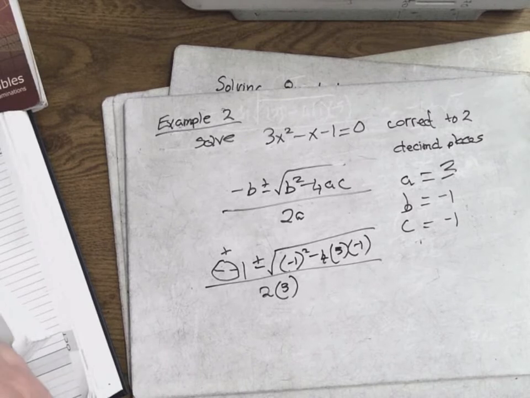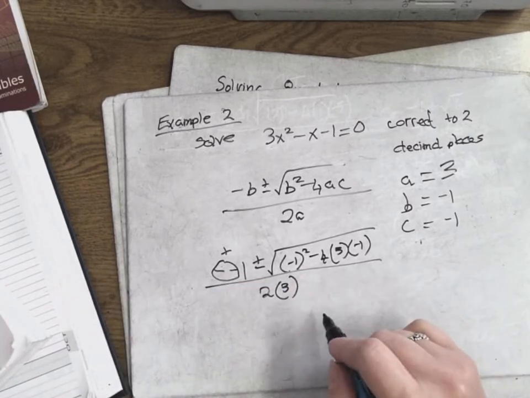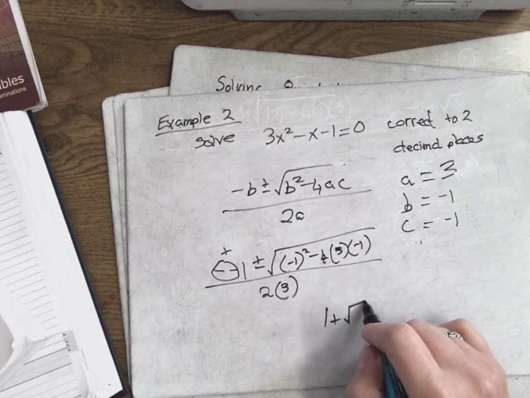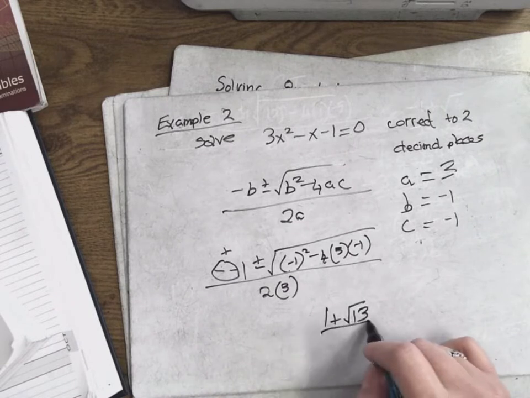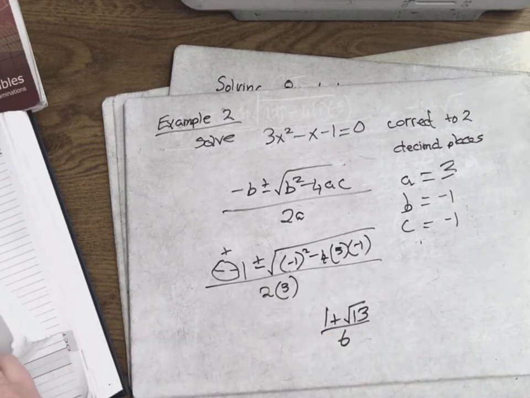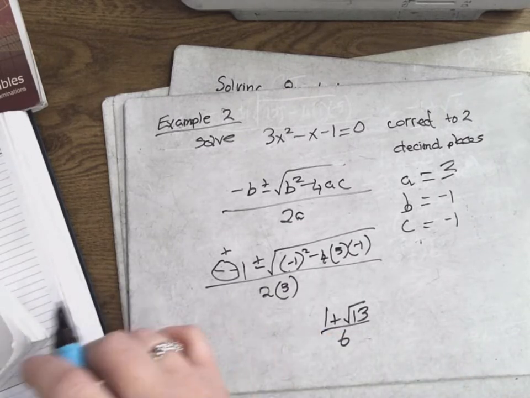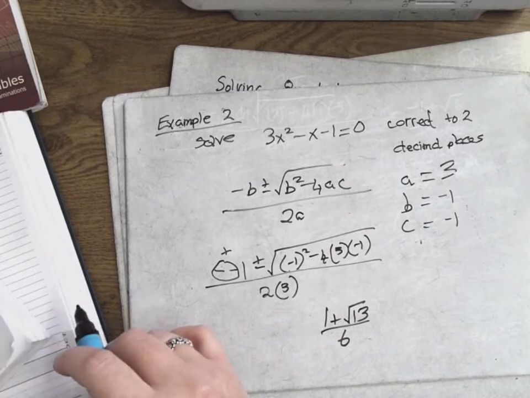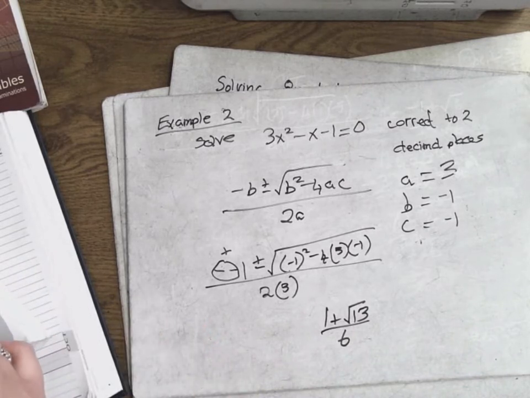And when you do all that, it'll come up as 1 plus root 13 over 6, and then you just press S to D to turn it into a decimal. So S to D.